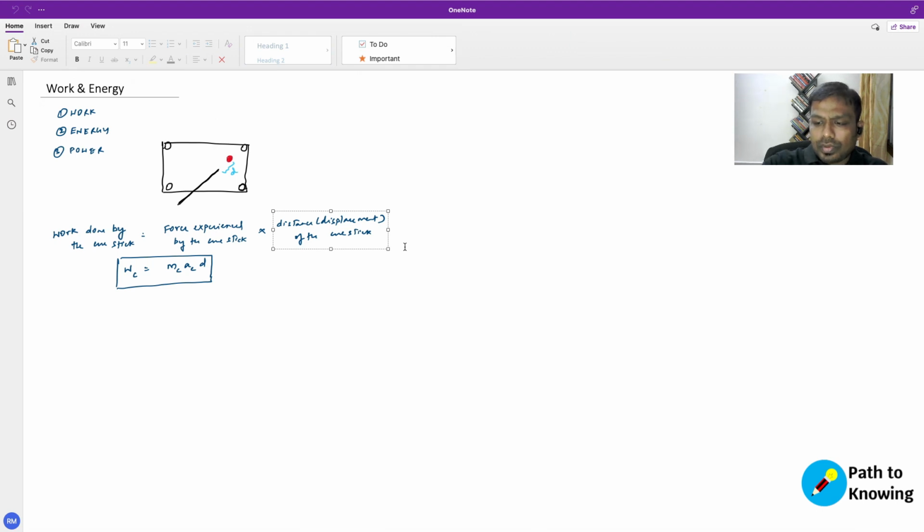So now that we have got the formula for work, let's try to derive the unit for work. We know that the SI unit for mass is kilograms, and the unit for acceleration is velocity by time, so it is meters per second squared.